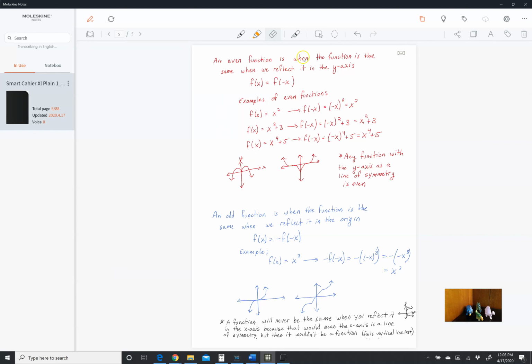Here, what we are saying, we haven't really talked about this that much, but what we are saying is that this is any function with the origin as a point of symmetry.